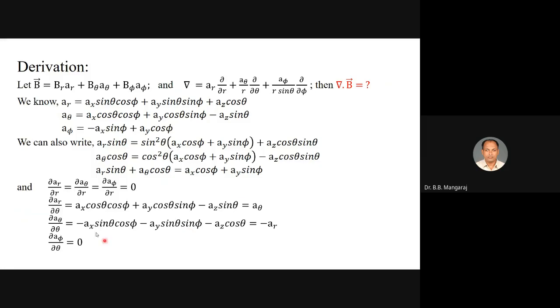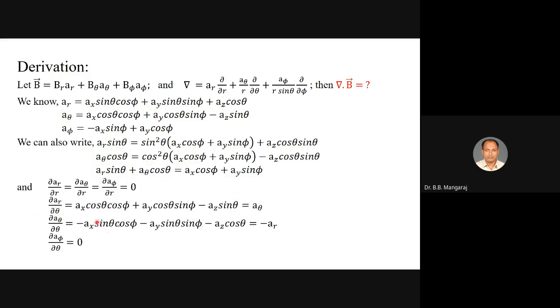Partial differentiation of a r, a theta, a phi with respect to r is 0, because all these three expressions are independent of r. Now, the partial derivative of a r with respect to theta will be this one, because there are theta terms here. Cos theta will be minus sin theta, and sin theta will be cos theta. So differentiation of a r with respect to theta will give us a theta.